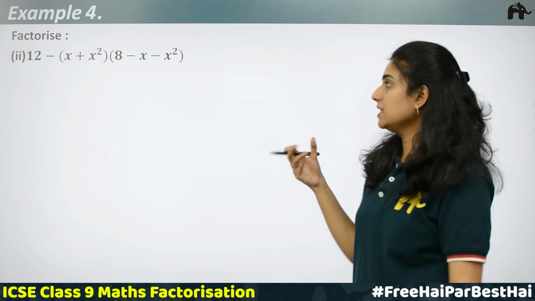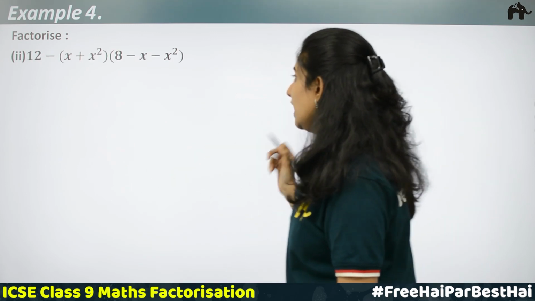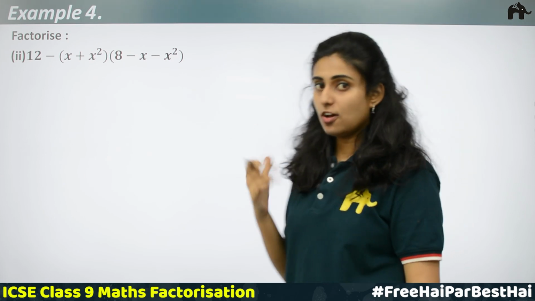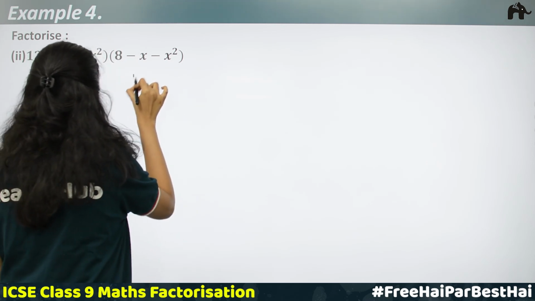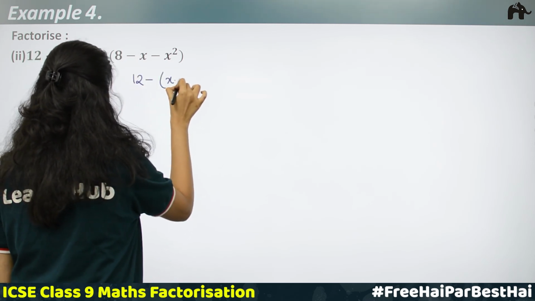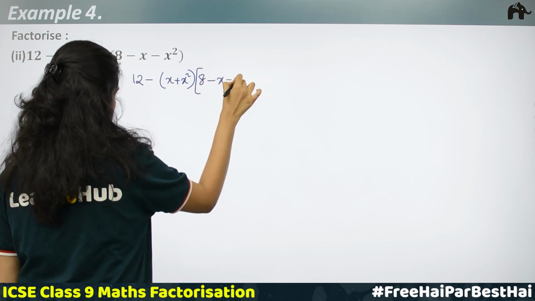Clear? Example 3, sub-question 2, 12 minus x plus x square into 8 minus x square. To solve this, to factorize this, you need to apply a simple trick. So, here we have 12 minus x plus x square into 8 minus x square.